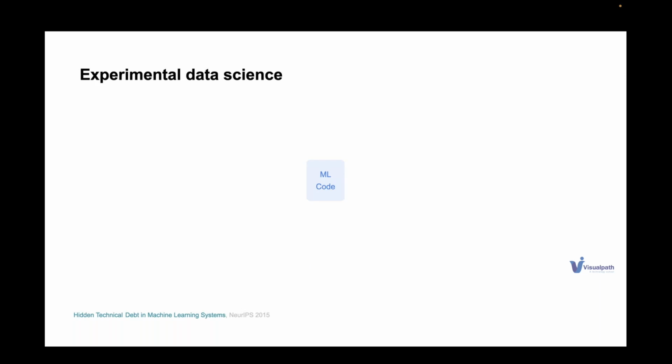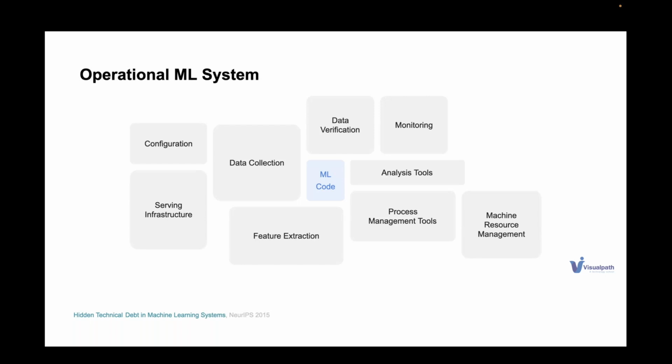The rest of the project is all about different tooling and different processes, say something like infrastructure, configurations, data collection, monitoring, analysis, and many more things. So this gives the view of how our current system is not only ML code but a lot more than ML code. This is our operational ML system.